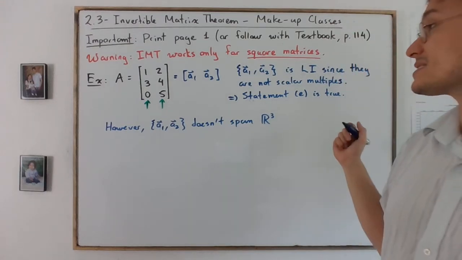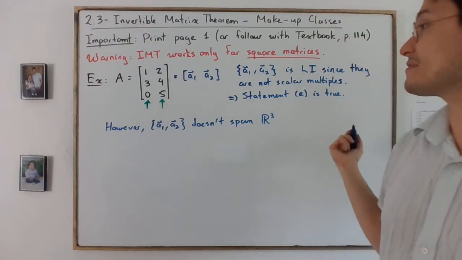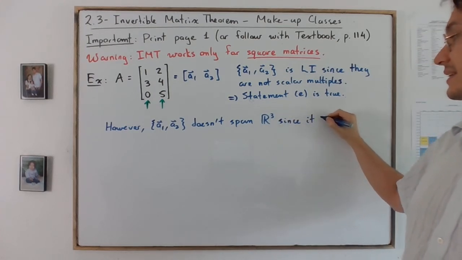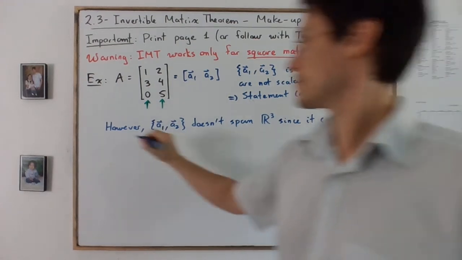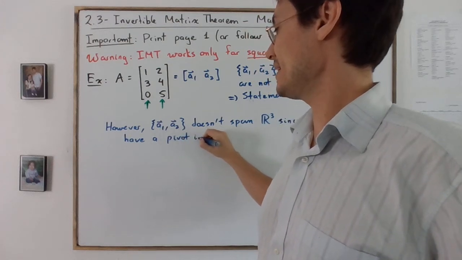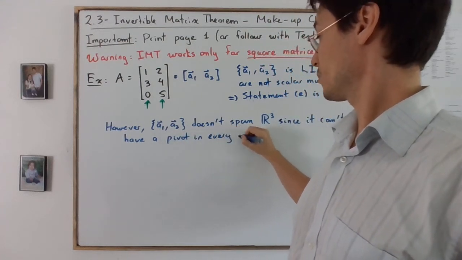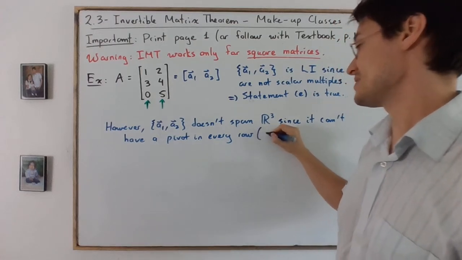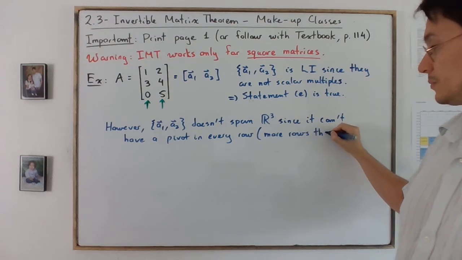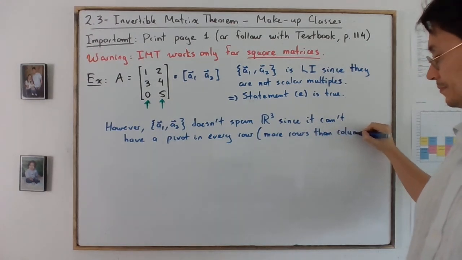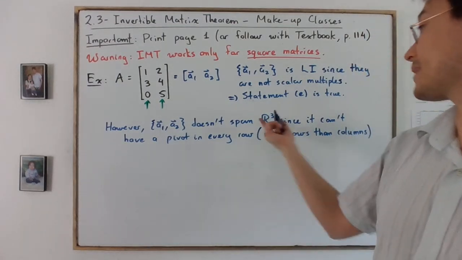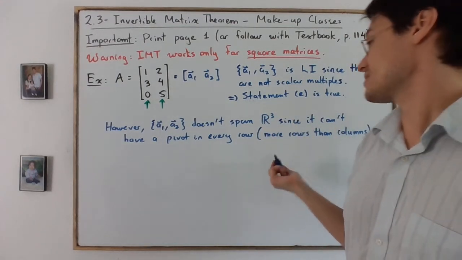This is because it cannot have a pivot in every row. And this is because you have more rows than columns. So by the row pivot theorem, it doesn't span R3.